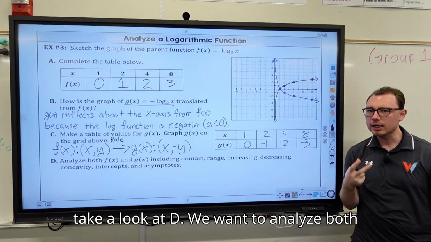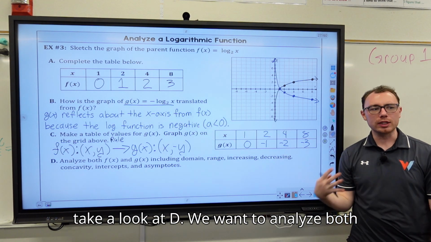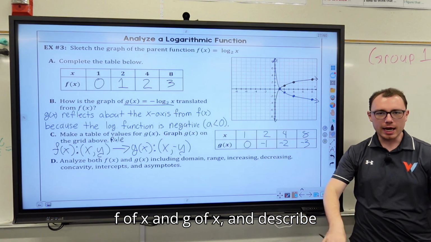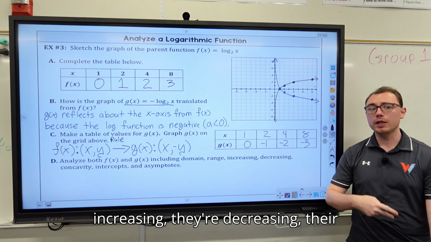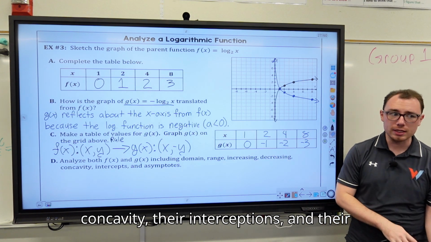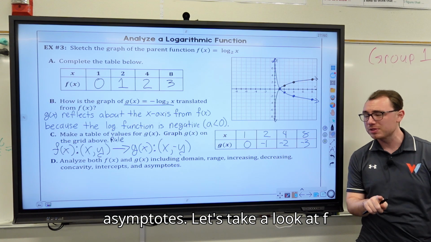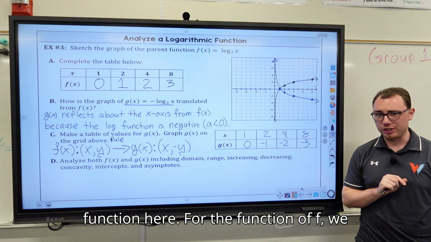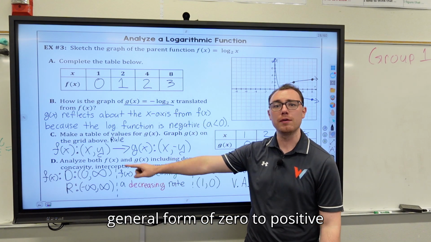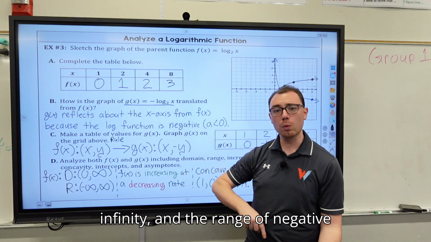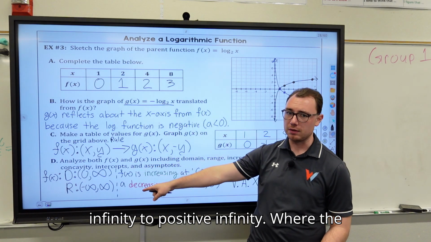We can now take a look at D. We want to analyze both f of x and g of x and describe their domain, their range, if they're increasing or decreasing, their concavity, their intercepts, and their asymptotes. Let's take a look at the f function here. For the function f, we can see that the domain is 0 to positive infinity and the range is negative infinity to positive infinity.